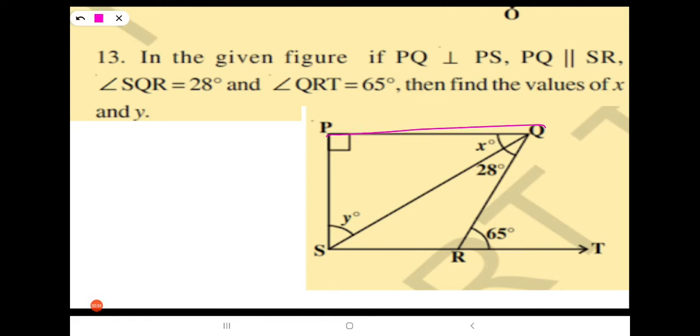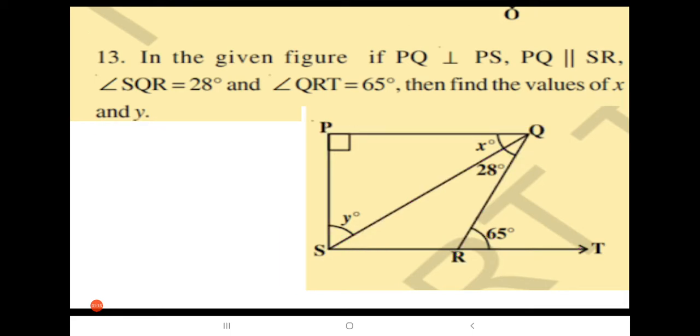Given PQ is perpendicular to PS as well as PQ is parallel to SR. Given SQR angle is 28 degrees and QRT angle is 65 degrees. With this given information, we have to find the values of X and Y.